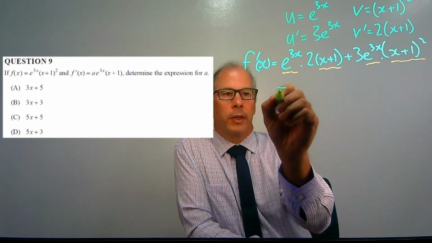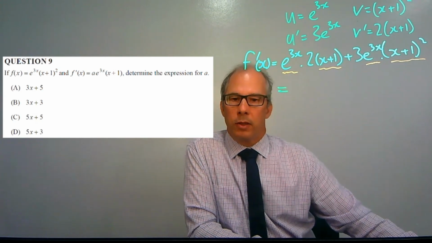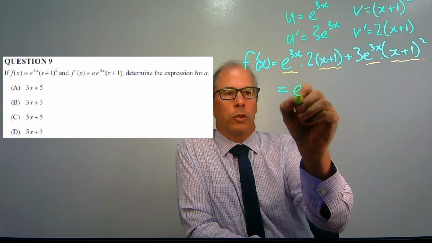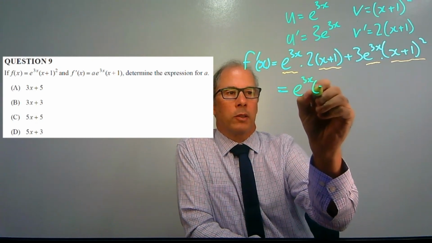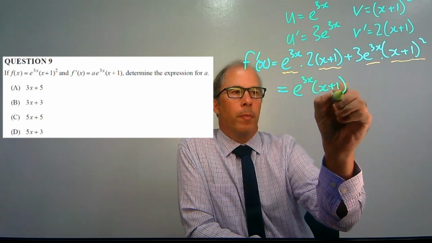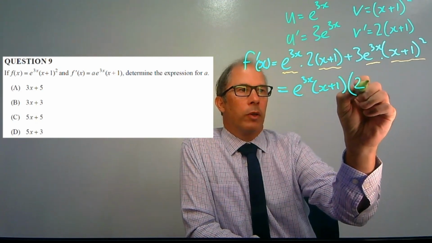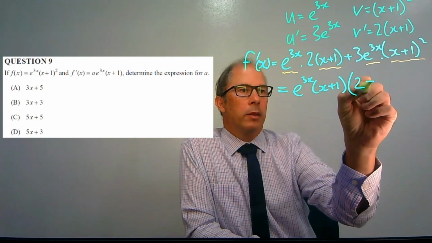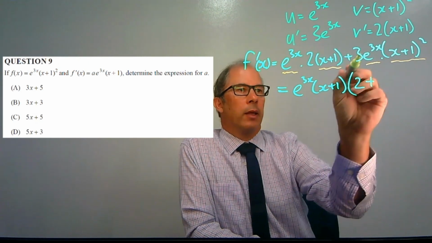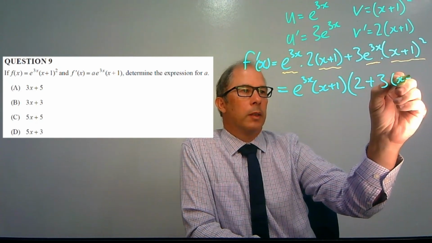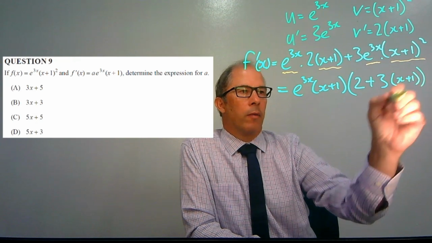So if I factorize the e to the 3x and the x plus 1, it should look like e to the 3x outside of x plus 1. And then I've got 2 plus, I've taken out the e to the 3x, I've got a 3 here, and I've got one more x plus 1 over here.